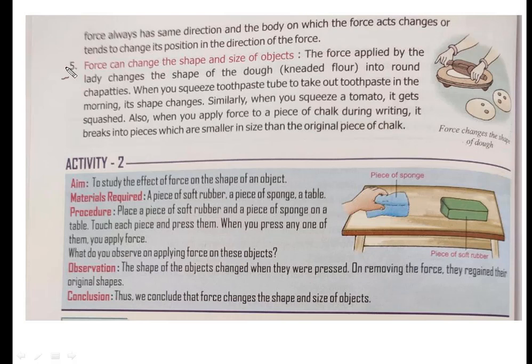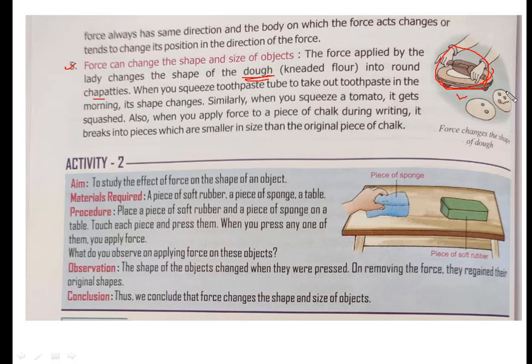Now next point, fifth point, force can change the shape and size of the object. You might have seen this one in your kitchen. While making chapati, first you need to make dough. This dough, with the help of the force applied by the lady, changes shape into a round chapati.